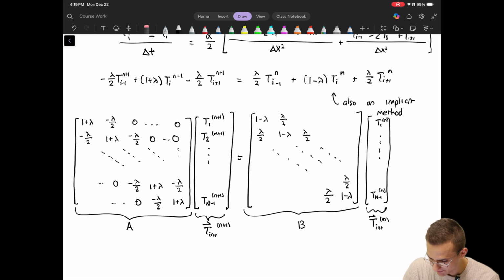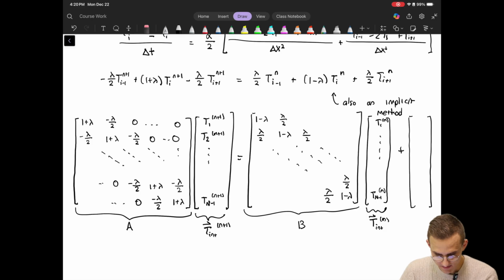And then we also have this vector here, which depends on your boundary condition, right? In our case, since we're using Dirichlet boundary conditions, we're just going to have lambda over 2. Now remember, Dirichlet just means that you're setting the value at the boundaries for all time.